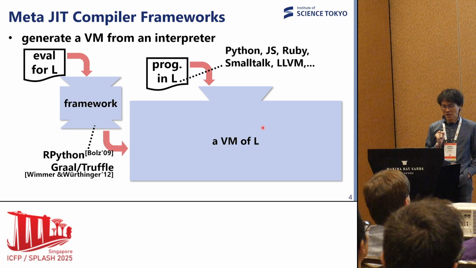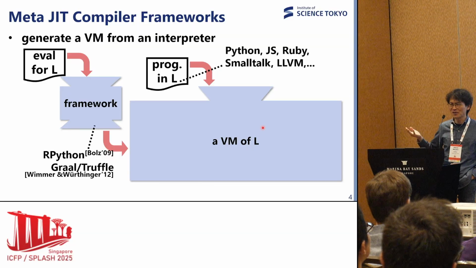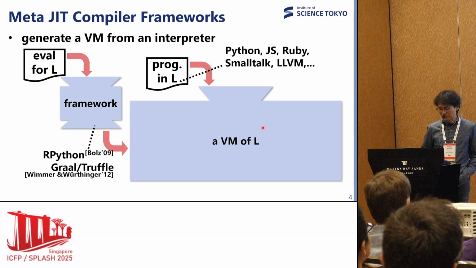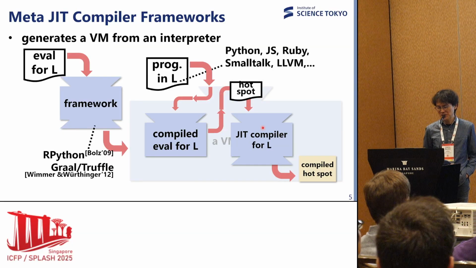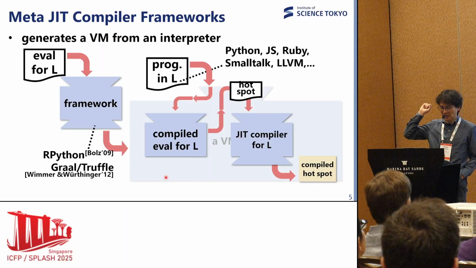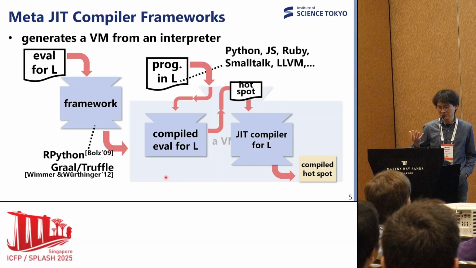So RPython and Graal Truffle have been successful in generating virtual machines for Python, JavaScript, Ruby, Smalltalk, or even LLVM. If we look inside the virtual machine, we can consider it as consisting of two parts. One is the interpreter part, which is just compiled code of eval, and also the just-in-time compiler for eval.